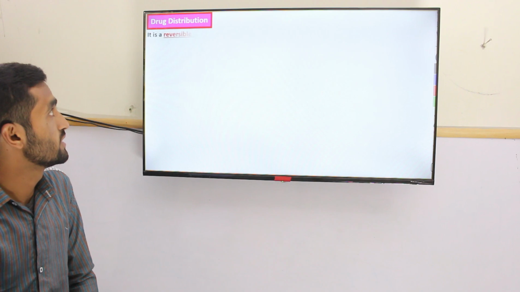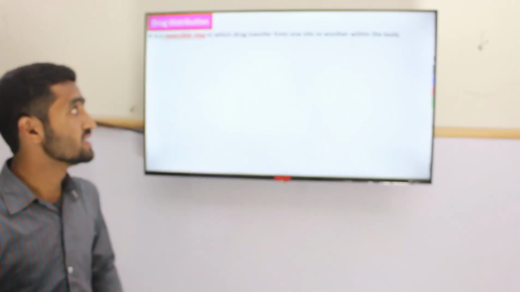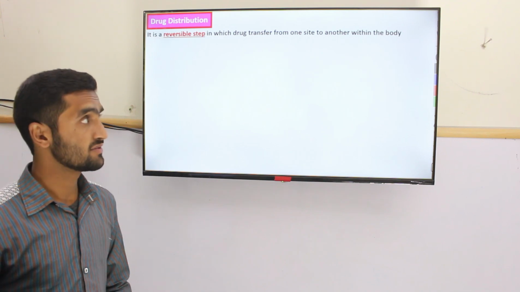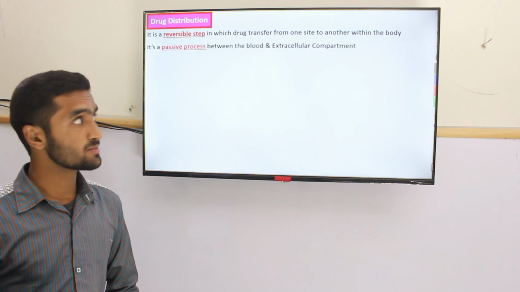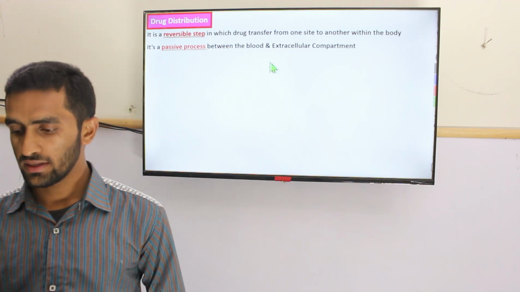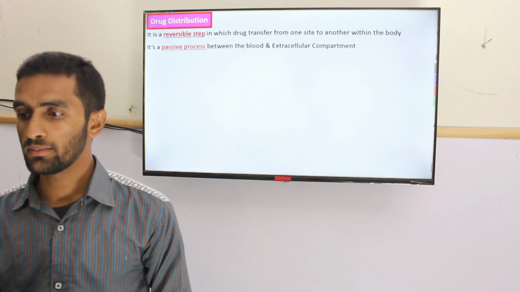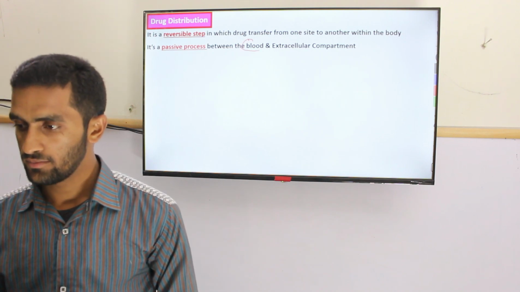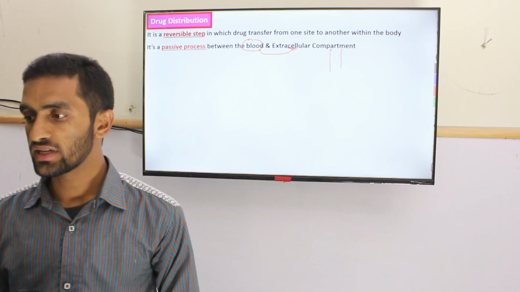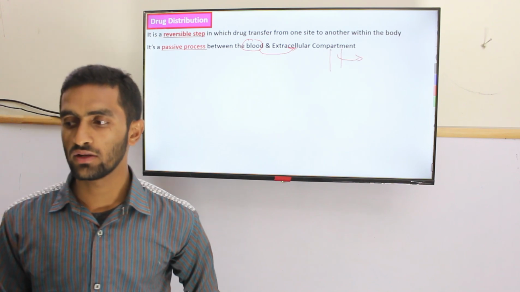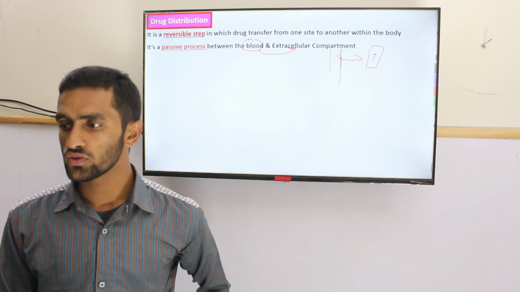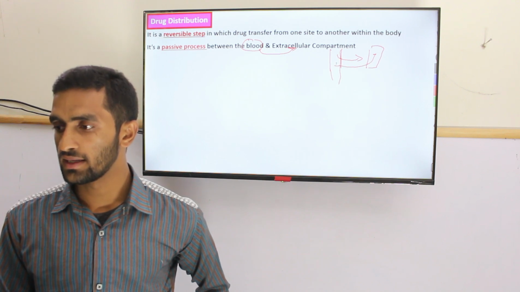How can we define it? It's a reversible step in which our drug transfers from one side to another within the body. It's a passive process between the blood and the extracellular compartment. So your drug is moving between the blood and the extracellular volume. For example, here is blood, and it can go to the extracellular volume where different tissues are present, and it can go back here.